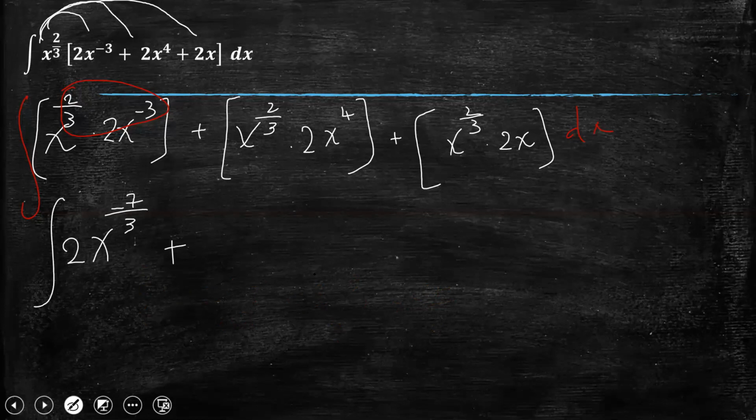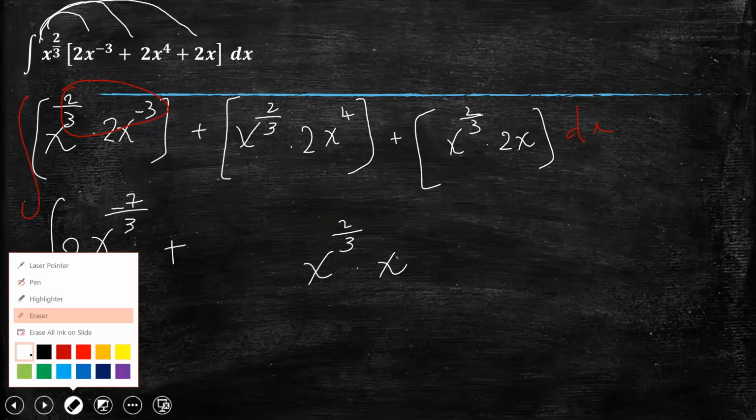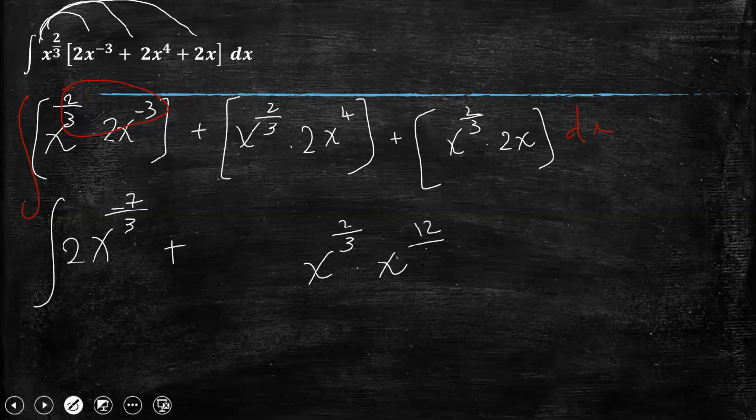2x to the power 4. This 4 can be written as 12 over 3. Then by adding, it will be 14 over 3. So 2x to the power 14 over 3.